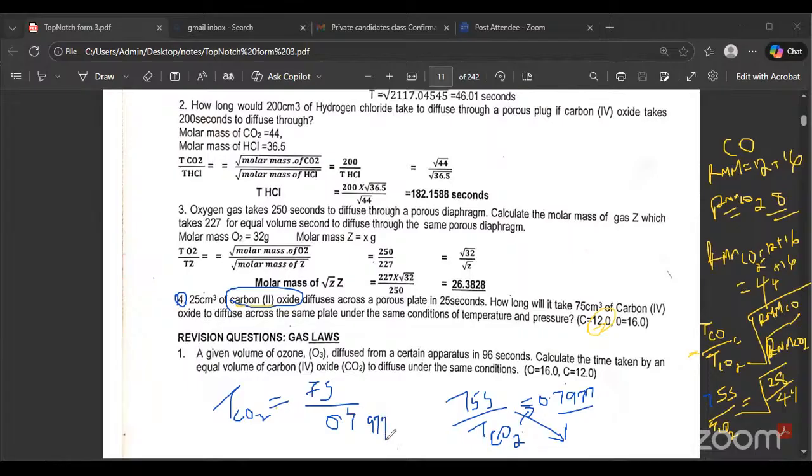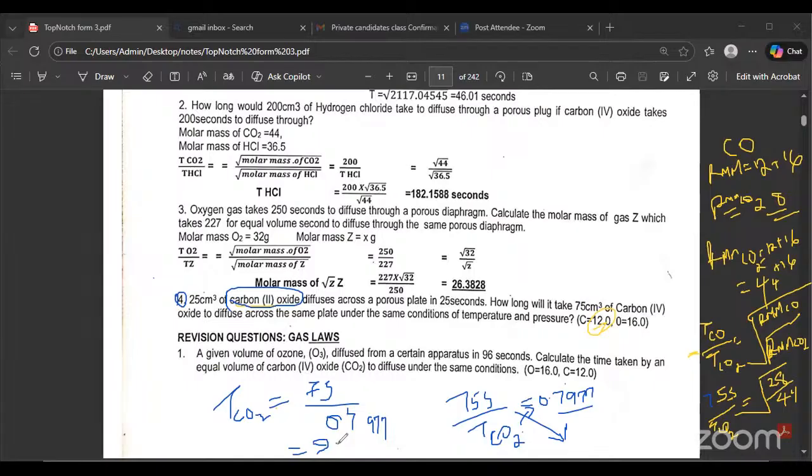So I want to check mine if it is making sense. 75 divided by that, so the time for that one will be 90.